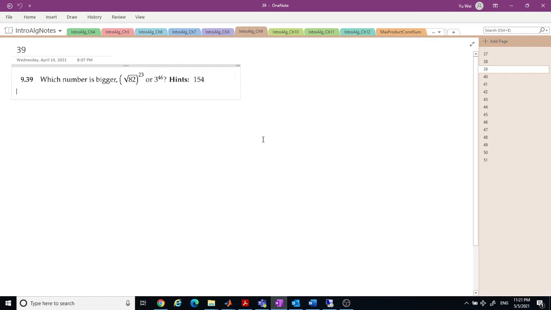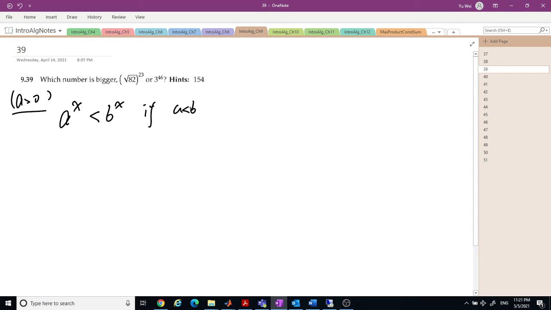Next, compare with this. When we compare the numbers, we only know that, for example, a is greater than 0, right? a to the x is less than b to the x if a is less than b.